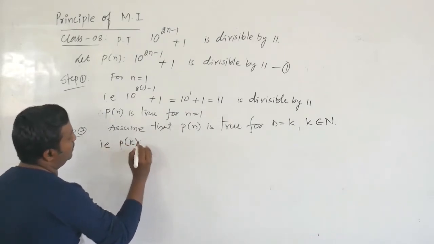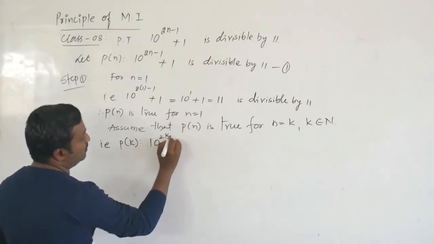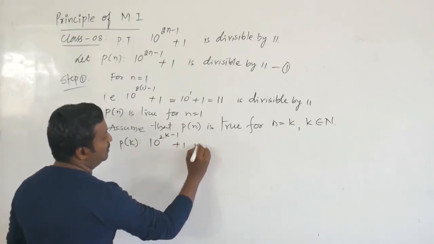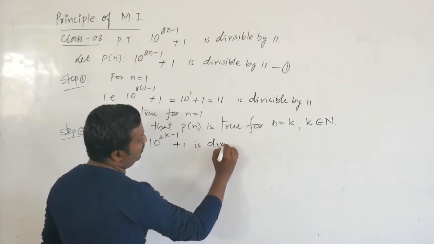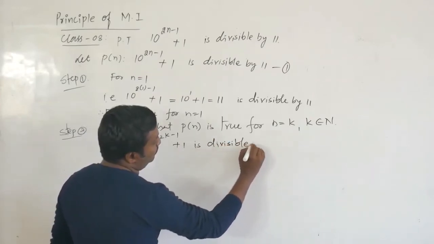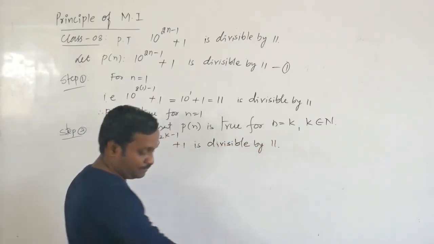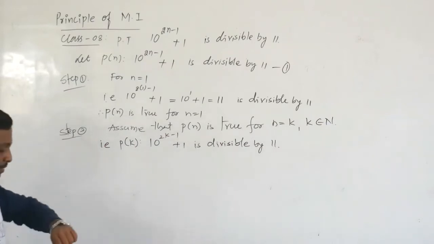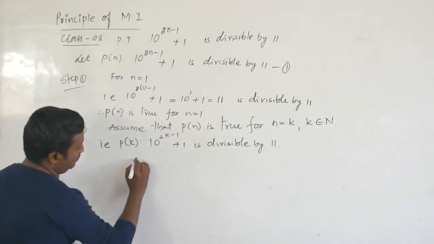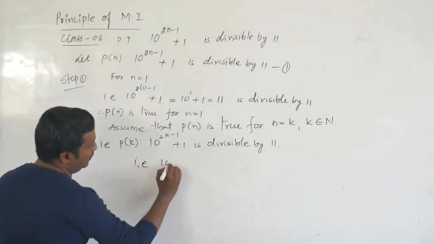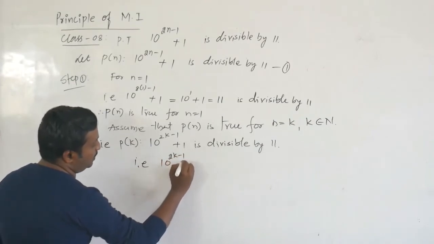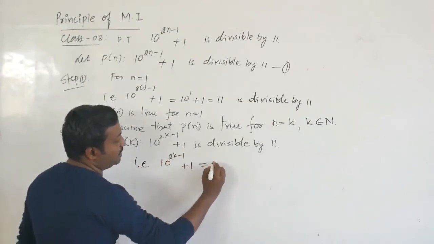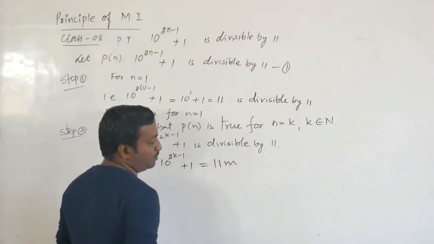What does P of k say? 10 raised to 2k minus 1 plus 1 is divisible by 11. We will modify this a little: 10 raised to 2k minus 1 plus 1 is equal to 11 into some number m.